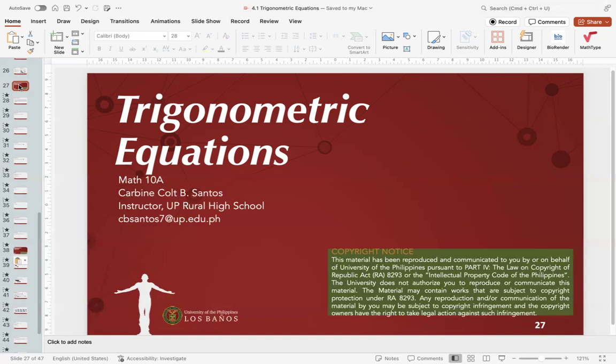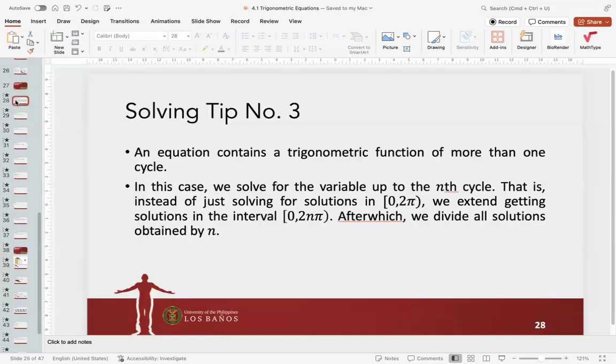And then from there we just manipulate using tip number one in order to solve for the solution, or the fundamental solution set, or solution set of our trigonometric equations. So now we move to our discussion of solving tip number three.